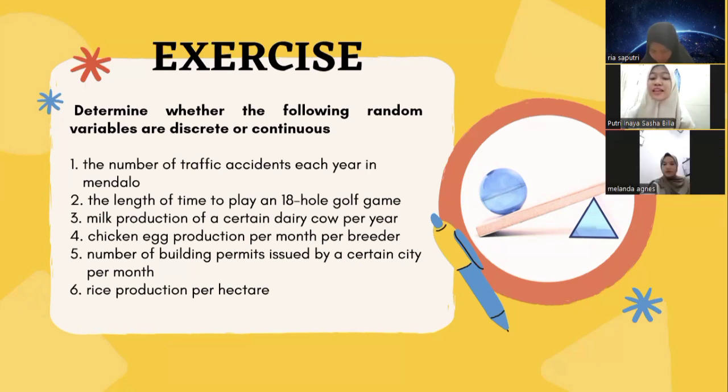Melanda, what is the answer to number 3? Continuous, ma'am. Nice, Melanda. Next, Ria, what is the answer to number 5? Discrete, ma'am. The right answer, Ria and Melanda. Your answers are correct, which indicates an understanding of the material that I explained earlier.